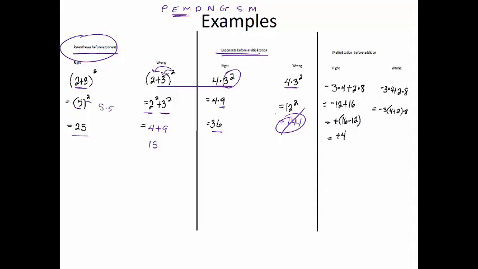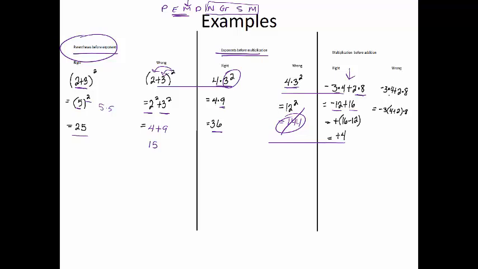Over here, multiplication before addition. You can see that we do the multiplication first, and then all this stuff over here is our subtraction and addition. So the right way to do this problem would be to do your multiplication first. So we have negative 12 and positive 16. And then we would apply our mixed sign rule. We have more positives. We have 4 more positives.